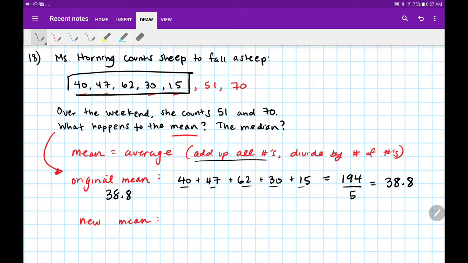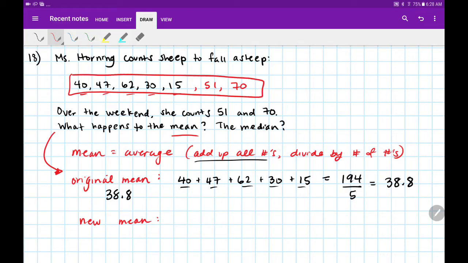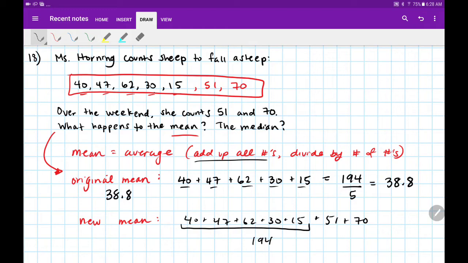Okay, now let's find our new mean. So to find our new mean, we're going to add up all of these numbers together. So 40 plus 47 plus 62, 30, and 15, as well as the 51 and the 70. So I already know that this adds up to 194 because we already did that math.